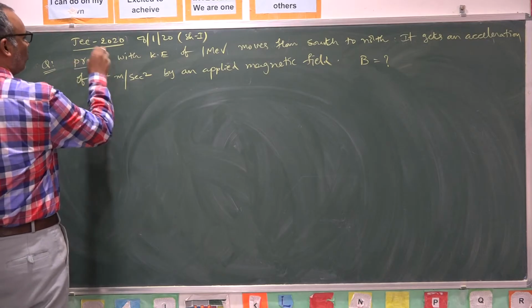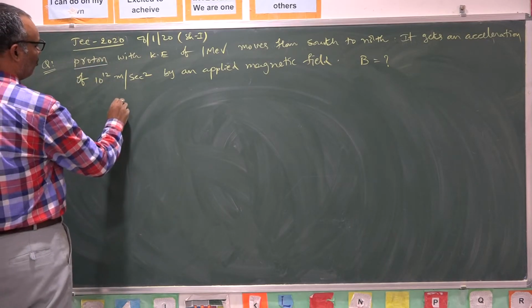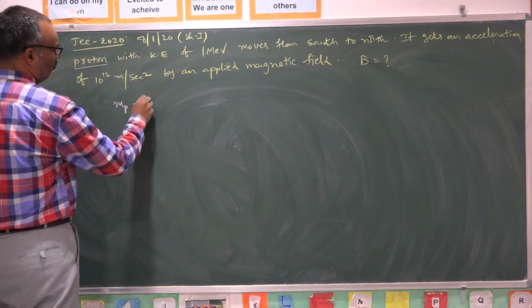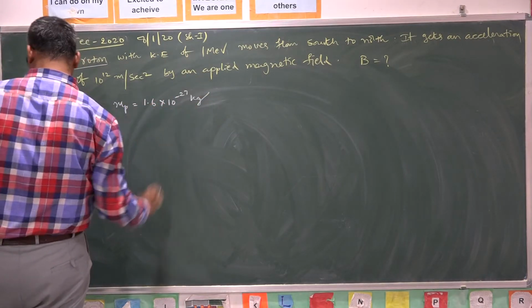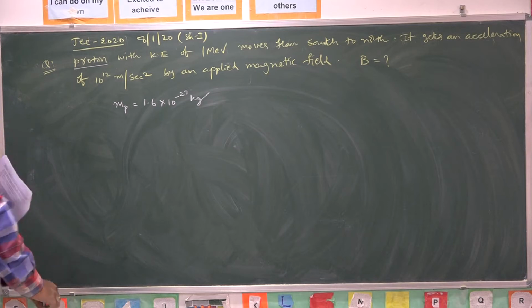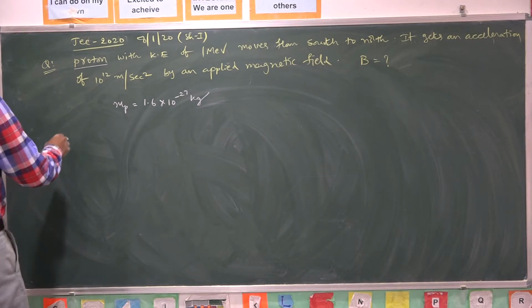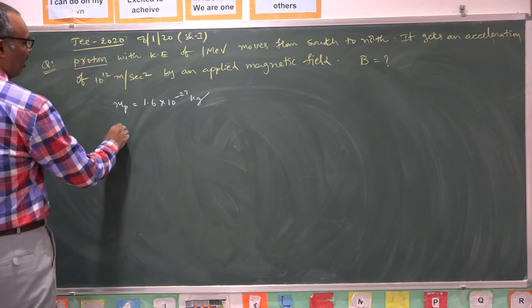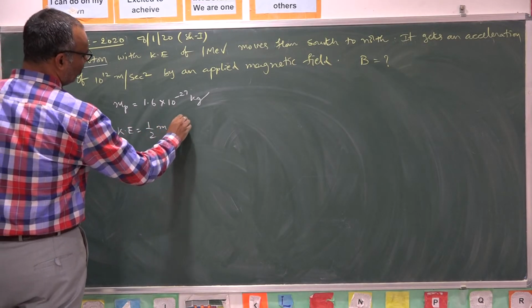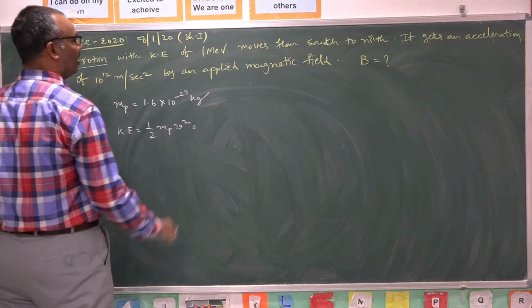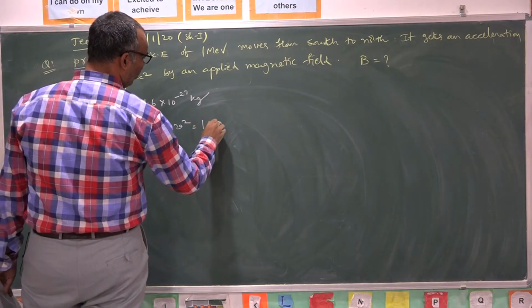You are talking about the proton. So the mass of proton is 1.6 into 10 power minus 27 kg. And the kinetic energy of the proton is half mass of proton into velocity of proton square. Kinetic energy, they gave it as 1 MeV.